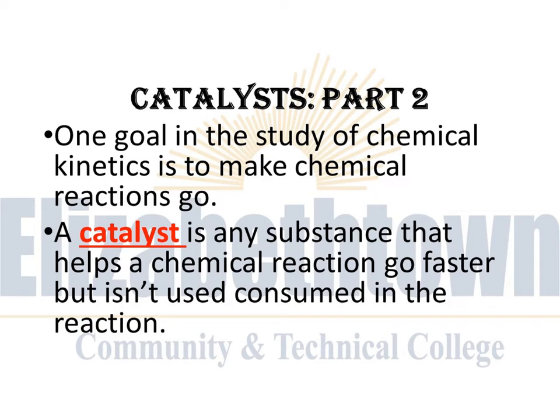If you were to study chemical kinetics, your goal is more than likely to make the chemical reaction go faster. There's big money in industry in making chemical reactions that normally occur very slowly, occur very fast. The way to make a chemical reaction go faster is often to add what's known as a catalyst.